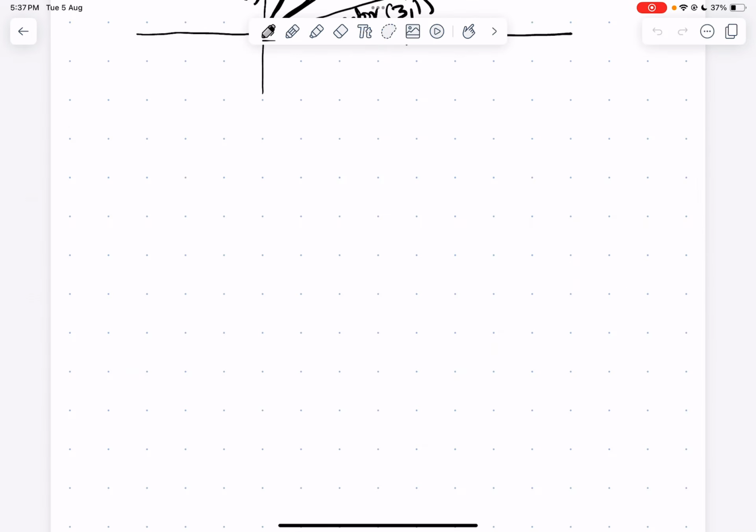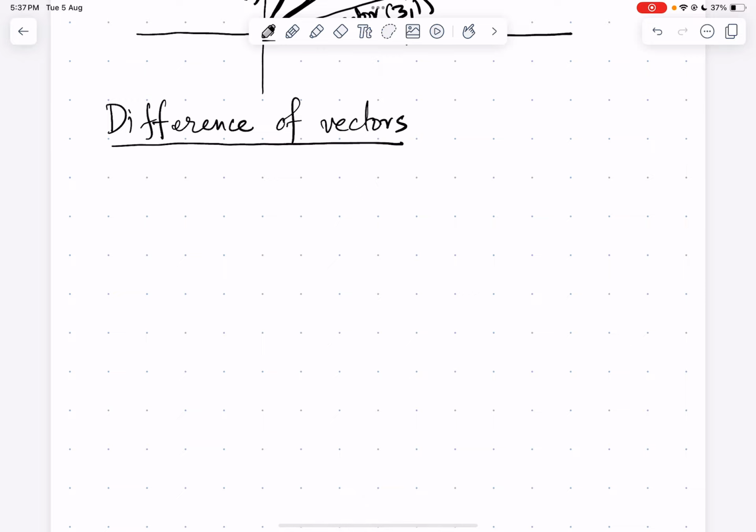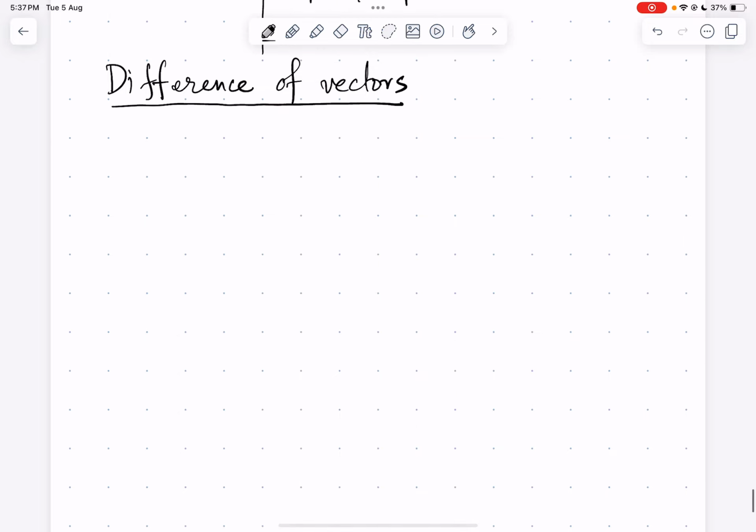Okay, let's continue. So we'll look at the difference of vectors. Consider vectors P and Q in the plane.